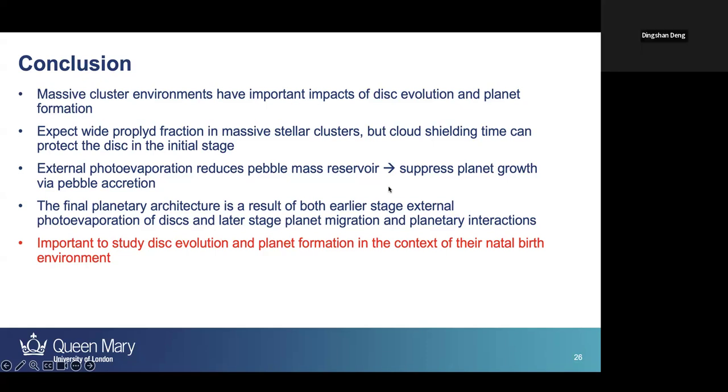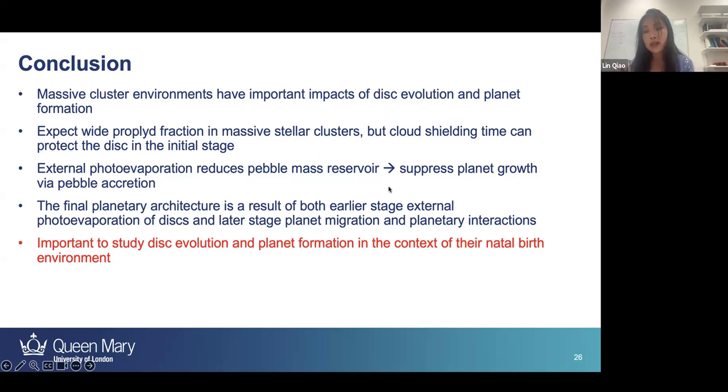So the typical scale of cloud shielding in clusters really depends on the initial conditions of a stellar cluster. For example, one of the most important properties of the cluster that would decide this shielding time would be the virial ratio of the cloud.